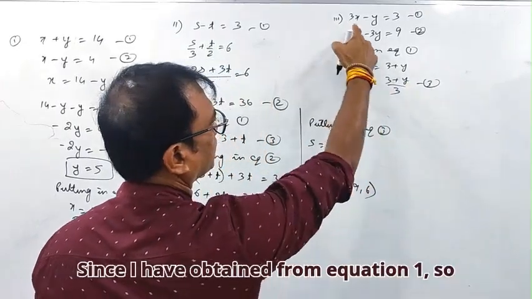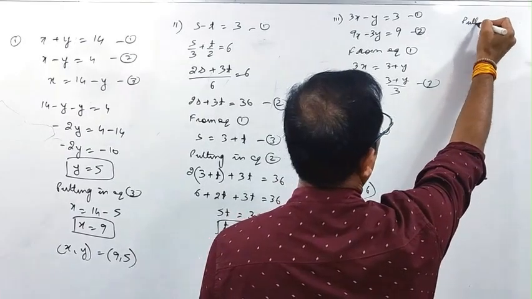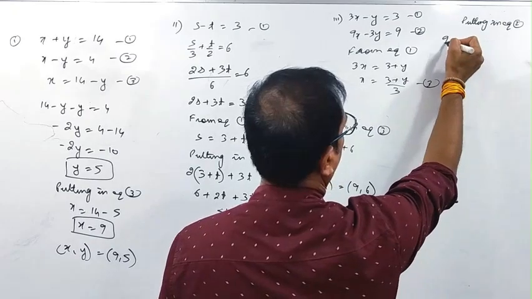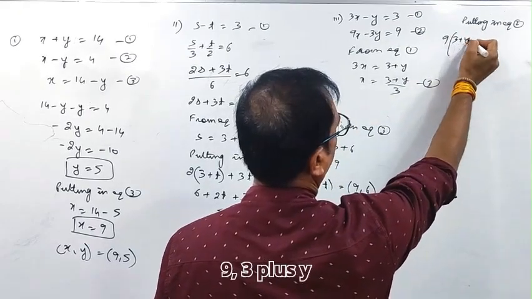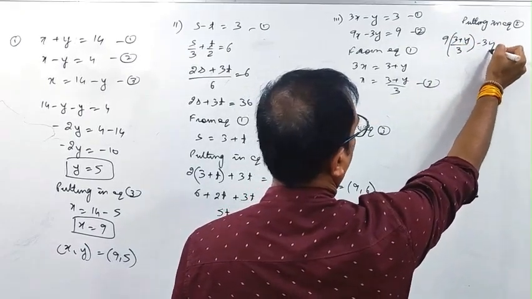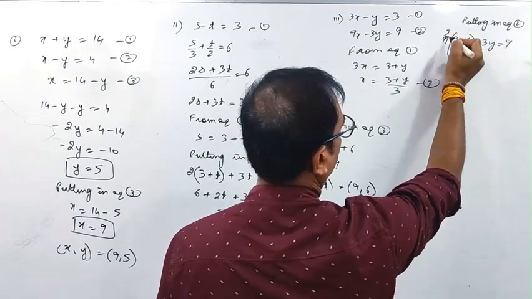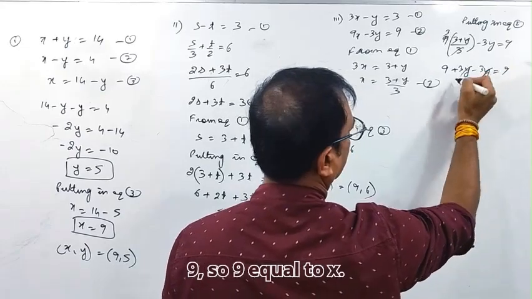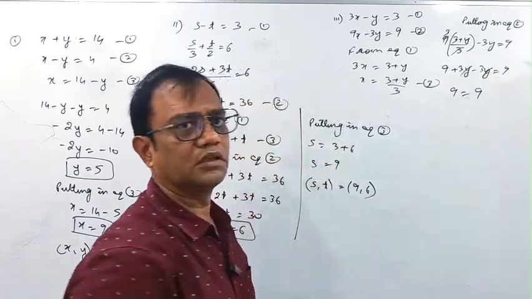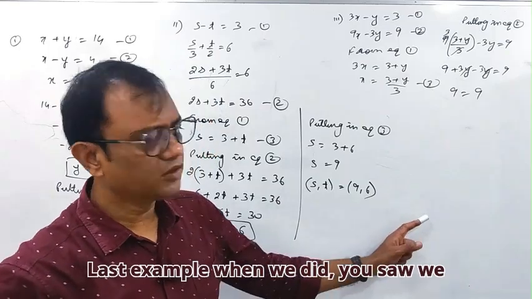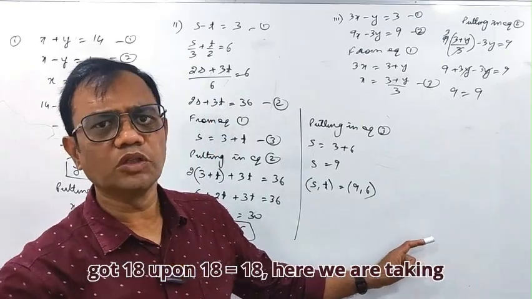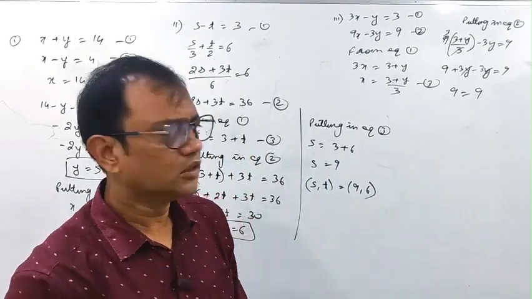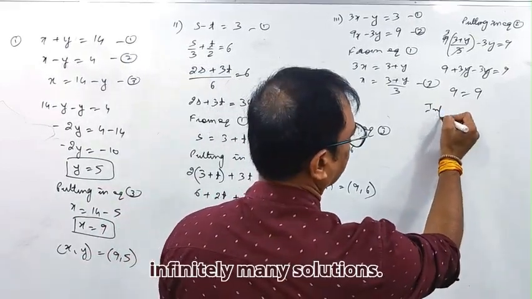Since I have obtained this from equation 1, putting in equation 2, 9 times 3 plus y upon 3, gives 9 plus 3y minus 3y equal to 9, so 9 equal to 9. In the last example, you saw we got 18 equal to 18; here we are getting 9 equal to 9, it's one and the same, so infinitely many solutions.